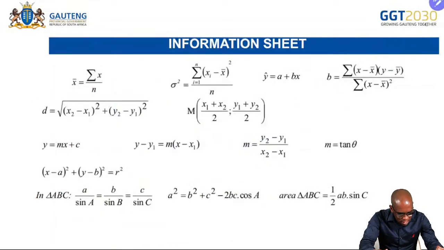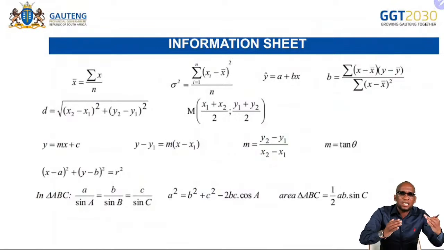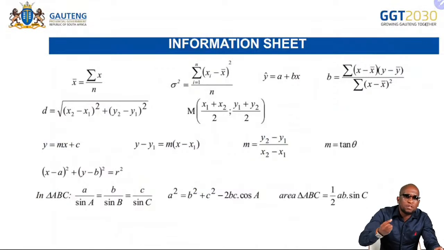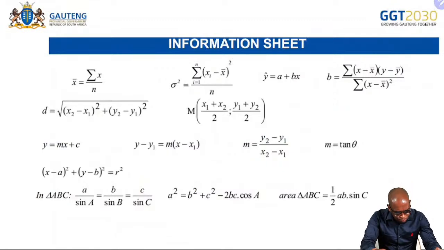On the next page, these are formulas that mostly work in paper 2. Remember, at times they can integrate those topics, but these are the formulas that mostly work in paper 2. With your information sheet, they will give you all the formulas, because at times they are aware that they can integrate topics.